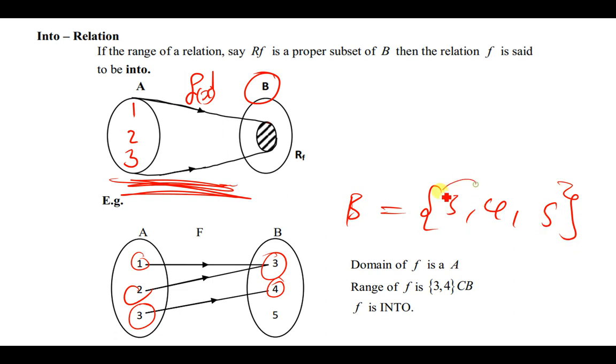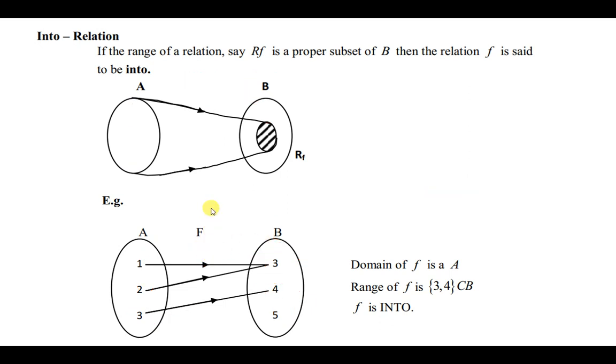Set A is being mapped onto set B, and we've seen that only 2 elements have been used in set B. We have 1 element remaining, which implies that the range of this function is just a subset of set B. So this is an into relation.